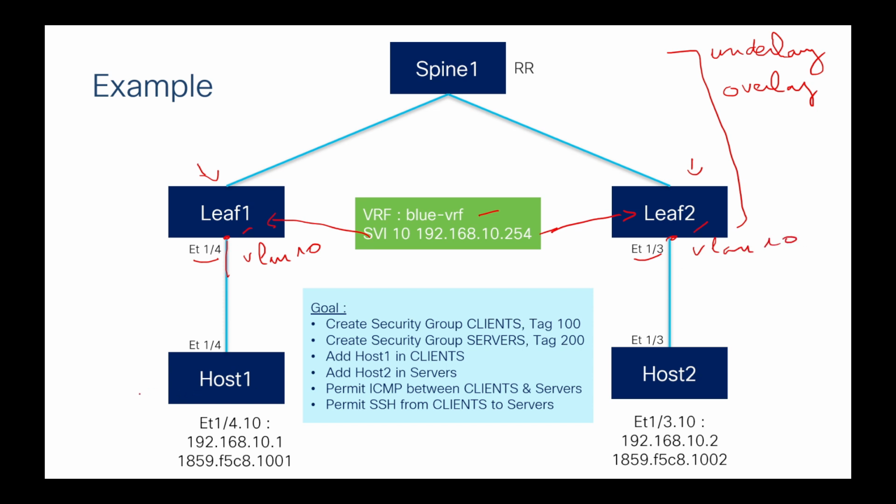Then we will be doing some tests back and forth between host 1 and host 2. So the host 1 IP address in VLAN 10 is 10.1, and for host 2, it is 10.2. And for the MAC addresses, just to make them easily recognizable, I hard-coded them: for host 1, it is 10 for VLAN 10 and 01 for host 1, and for host 2, we have 10 for VLAN 10 and 02 for host 2.